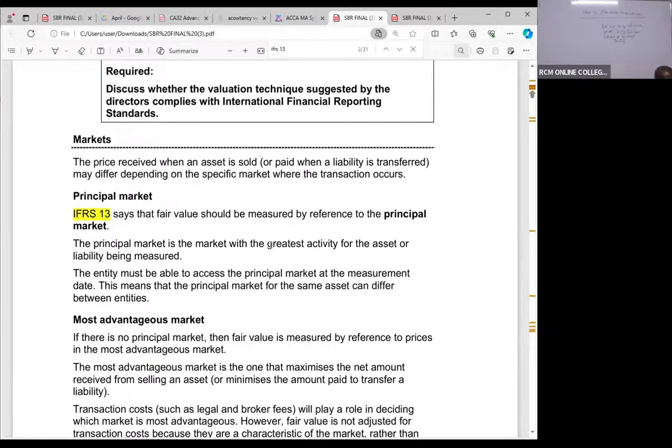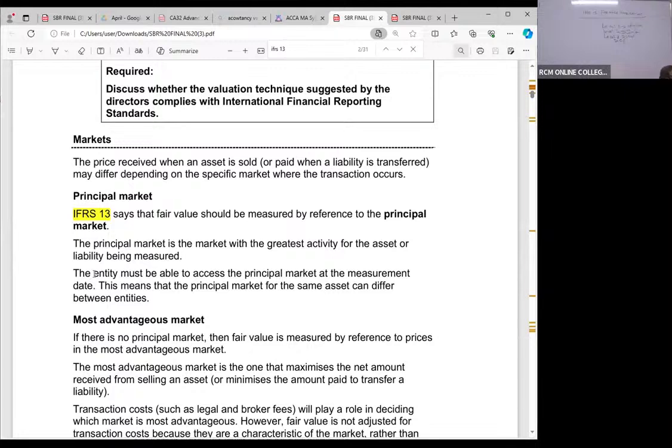The entity must be able to access the principal market at the measurement date. So at the measurement date, you go to the Nairobi Stock Exchange to see, on 31st December, how are my shares trading? This means that the principal market for the same asset can differ between entities. The prices will be different between the dates, of course.